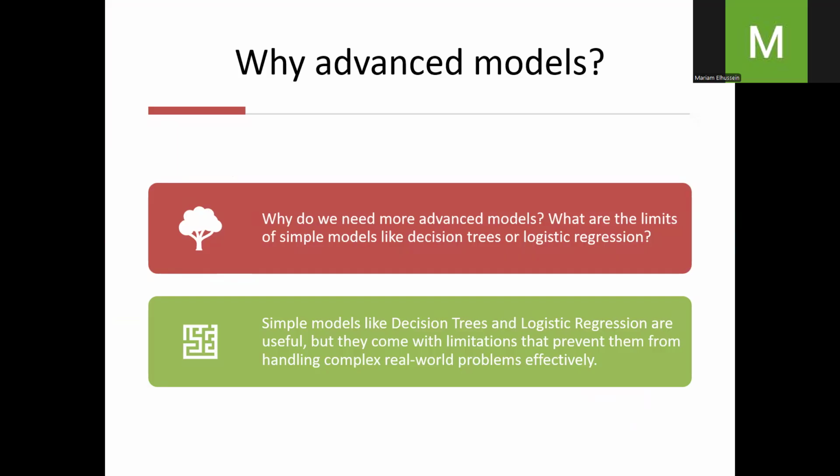We're going to discuss some of the limitations of the models that we've learned, such as decision trees and logistic regression, and then we're going to talk about how to help improve their performance using options like ensembles, which include combining two or more of these, let's say, weaker models, and also introducing other models that are capable of handling complex world problems, such as neural networks, which are the basis for deep learning.